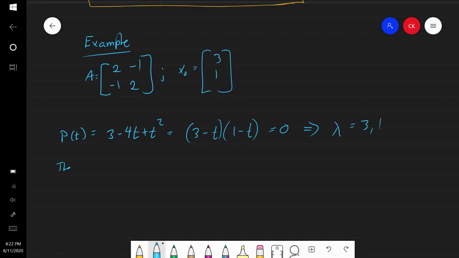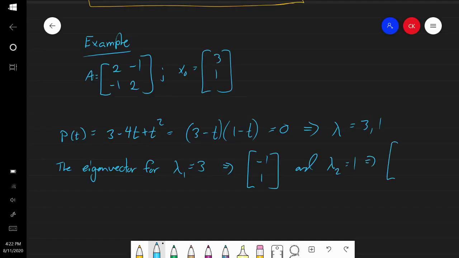Again, the eigenvectors, rather, for, say, lambda sub 1 equals 3 is going to be equal to (-1, 1). And for lambda 2 equaling 1, we get an eigenvector of (1, 1).